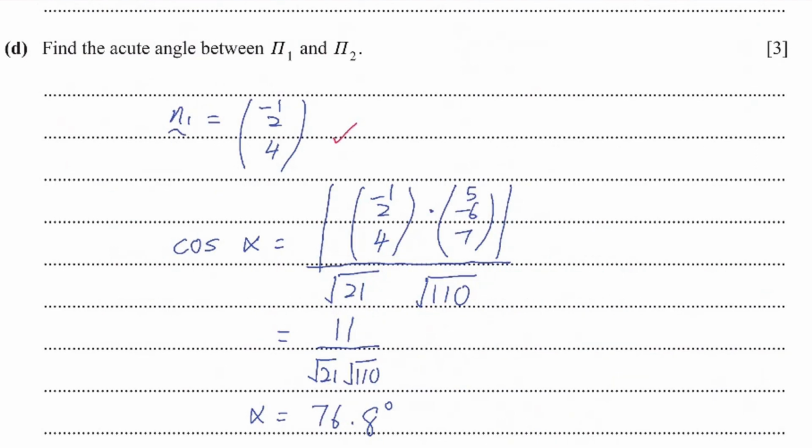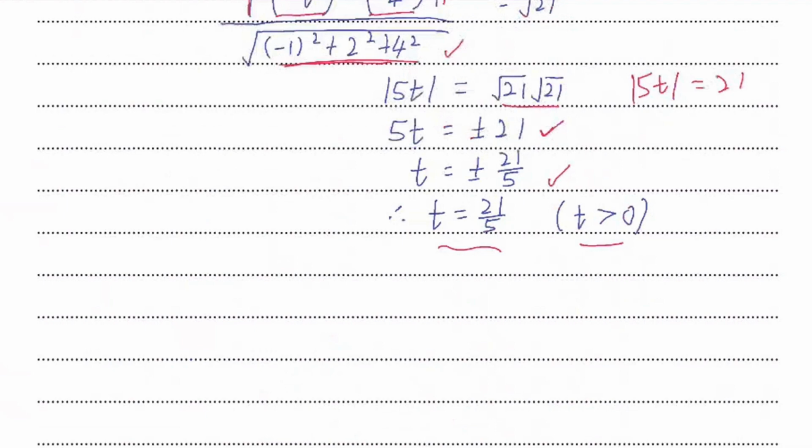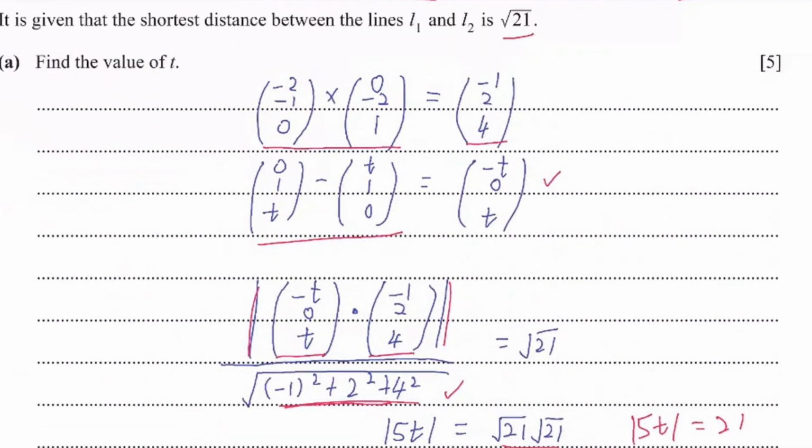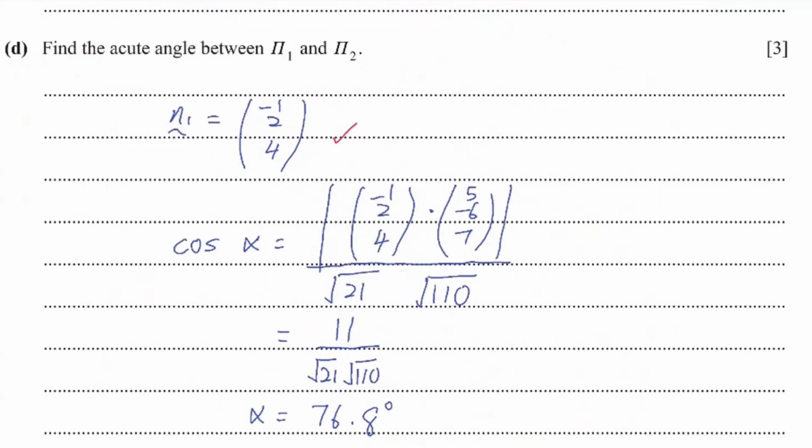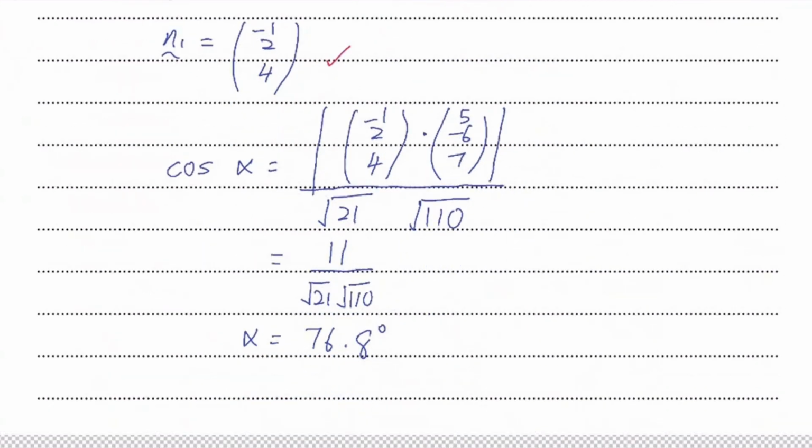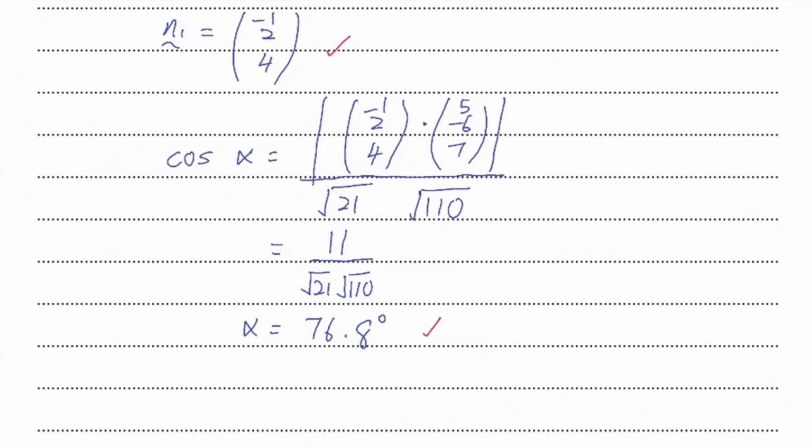In fact, the cross product of the two vectors has already been done here. So we just take that as the normal and do the angle between the two vectors as usual. So that's about the vector question.